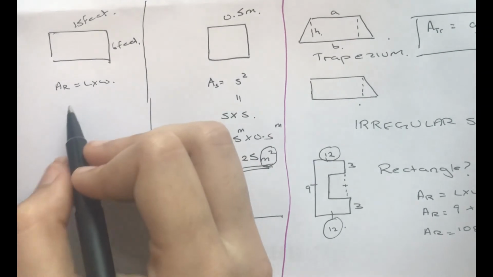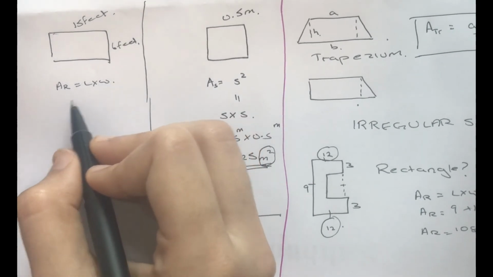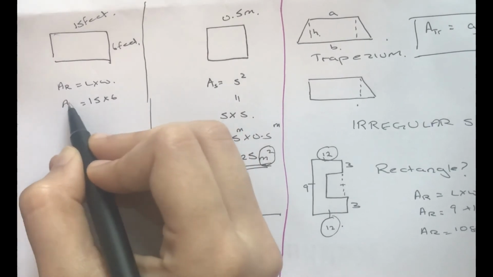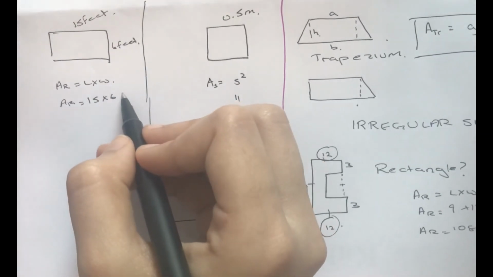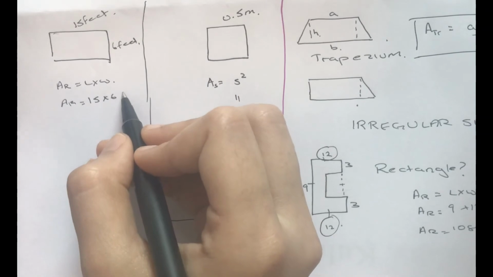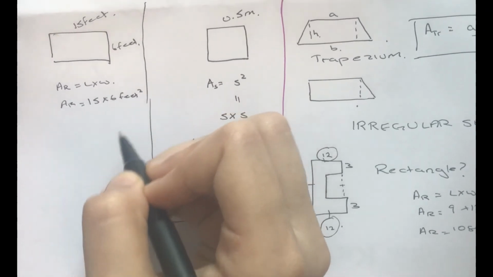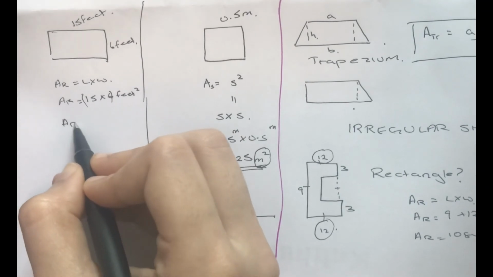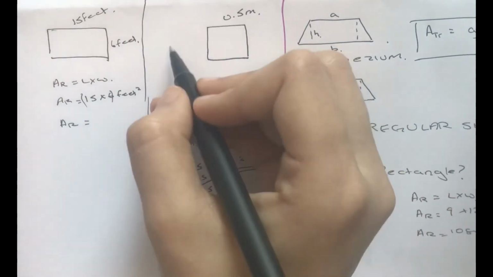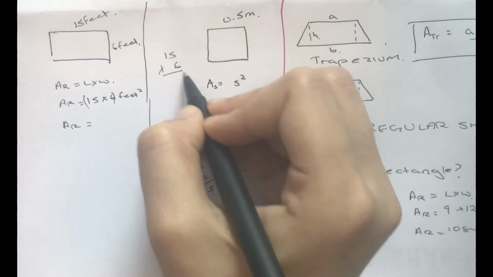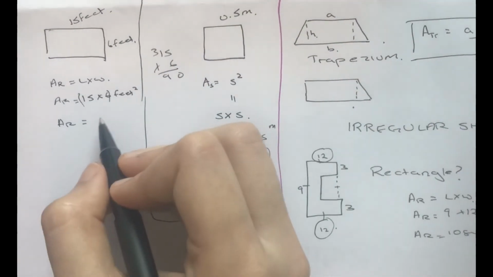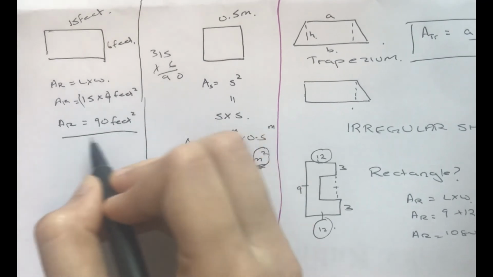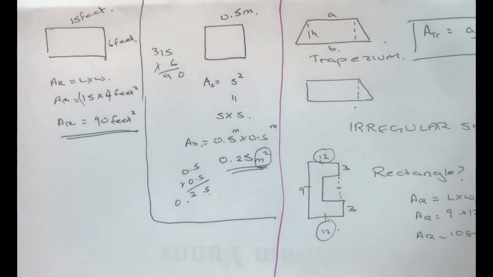Because you know this already, you can just substitute 15 times 6. Both are feet, and feet times feet is squared feet. Let's just do 15 times 6 right here: 30, 90. So 90 squared feet. You have your answer right there.